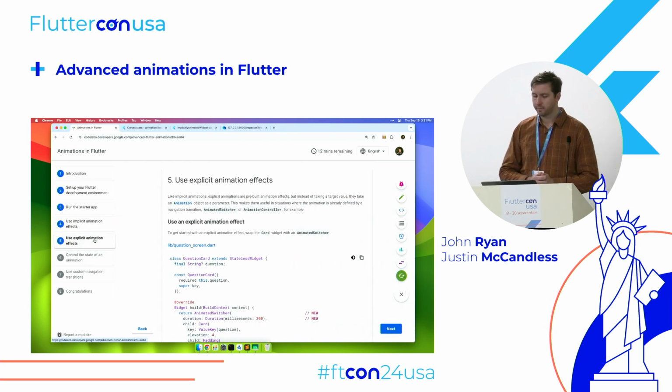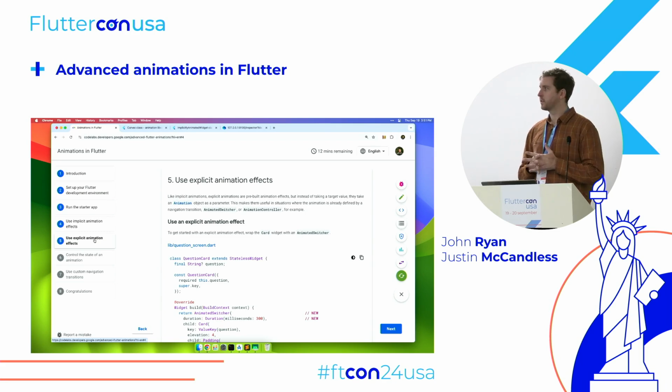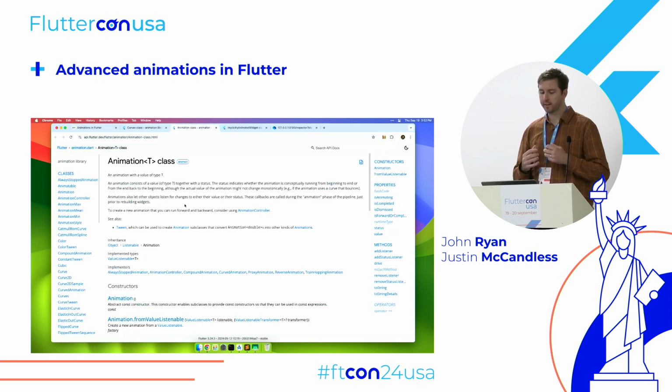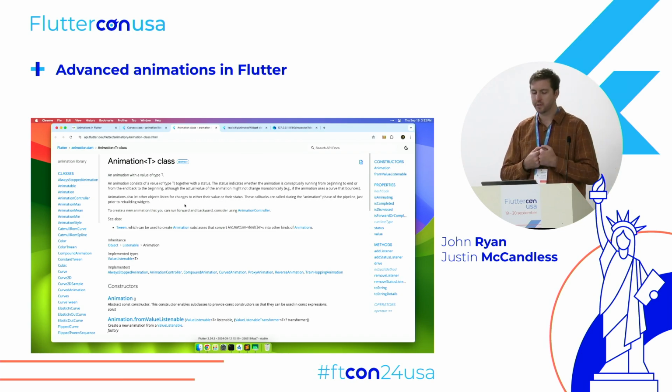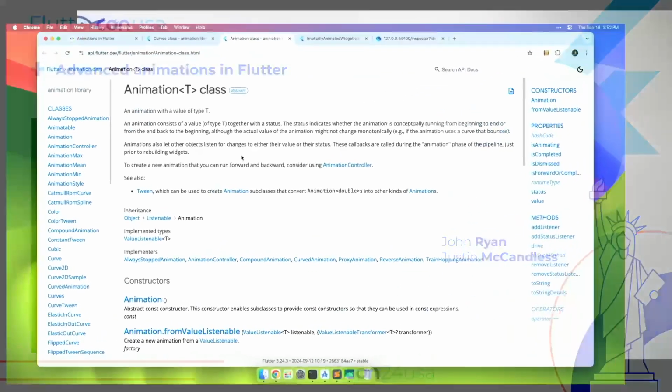All right. So we're going to look at explicit animations now. And really what we're talking about with explicit animations is something that takes an animation type as a parameter and applies an effect. So what is an animation type? Well, it's a lower level type that the implicitly animated widgets are using under the hood, kind of what Justin was saying.